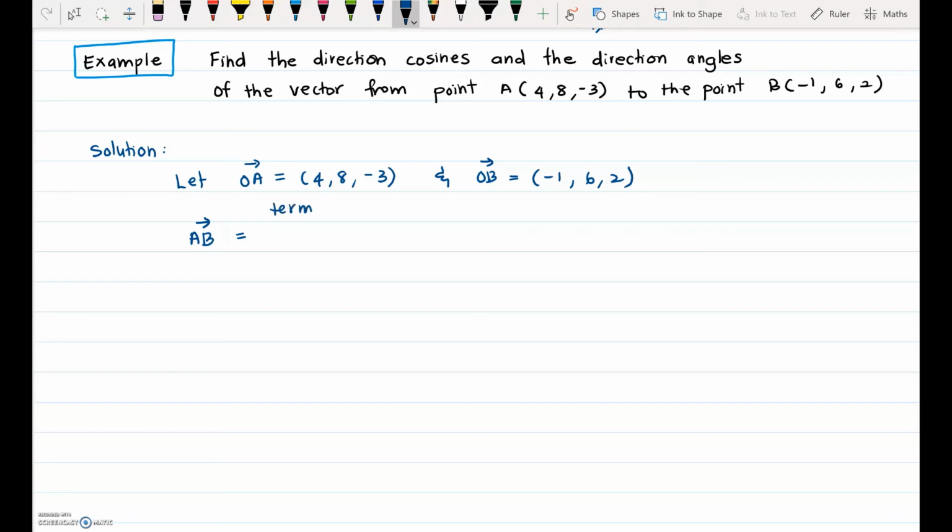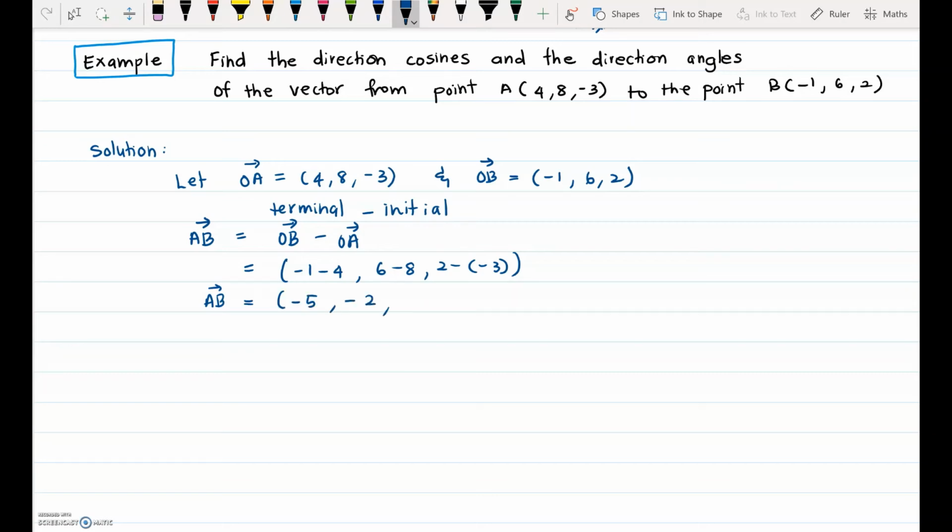The terminal is OB minus OA, which means you get negative 1 minus 4, 6 minus 8 and 2 minus negative 3. So your AB is negative 5, negative 2 and 5.